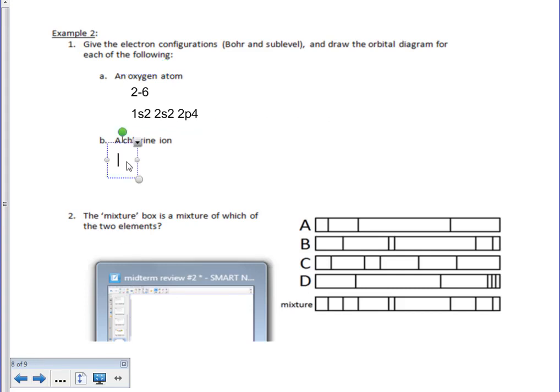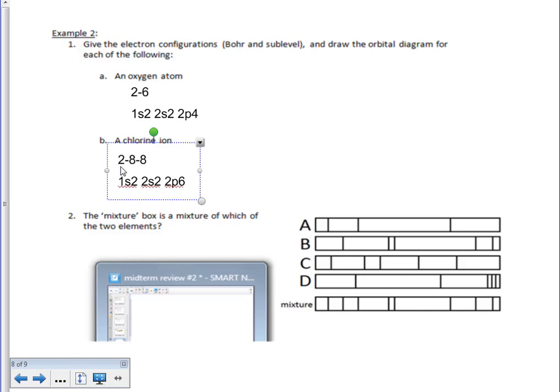Looking at a little bit more difficult example, we have chlorine, which we know is a 2-8-8 electron configuration. Looking at that, finding its location on the periodic table, we know that it is going to be 1s2, then 2s2, and then 2p6, so that completes the second principal energy level.